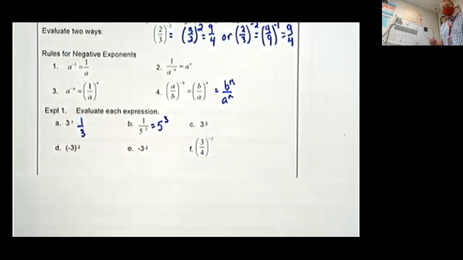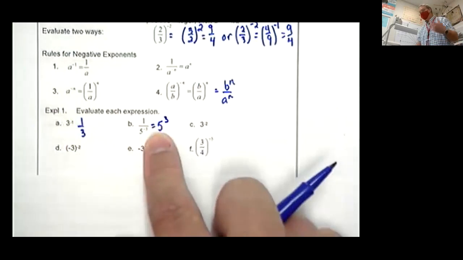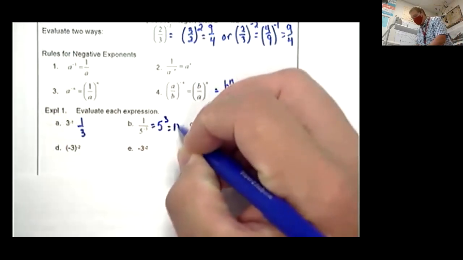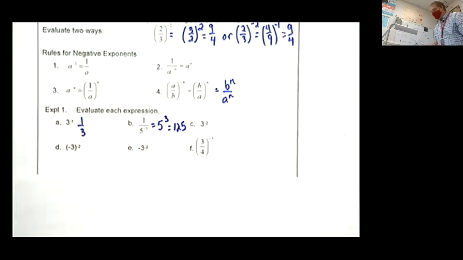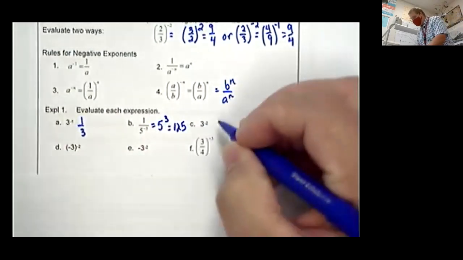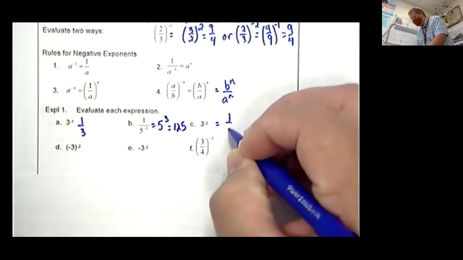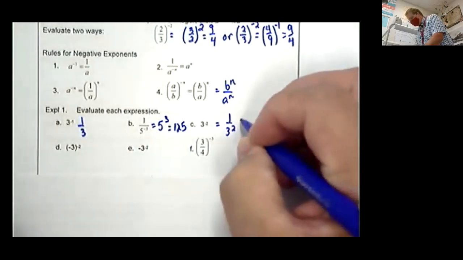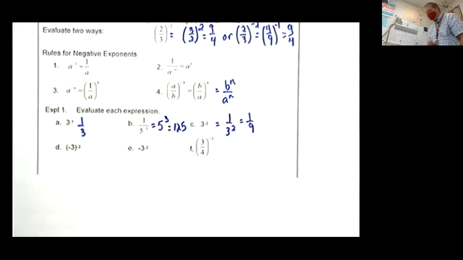When you're doing the homework, make sure you read the directions. Sometimes they'll say leave it in exponential form. If it doesn't, go ahead and multiply it out. 5 cubed is 125. 3 to the negative second. Again, the negative exponent flips it to the denominator. So 1 over 3 squared. Again, we can multiply that out. That's 1/9.